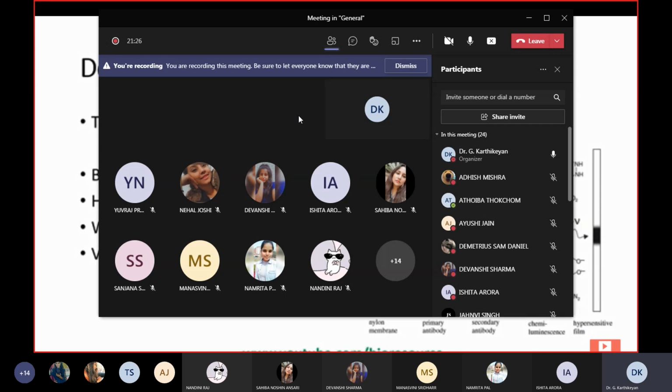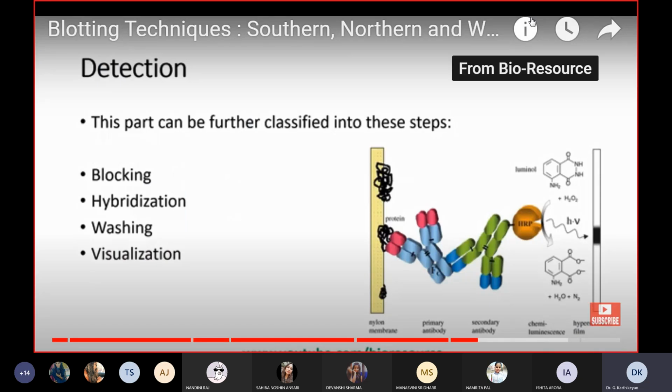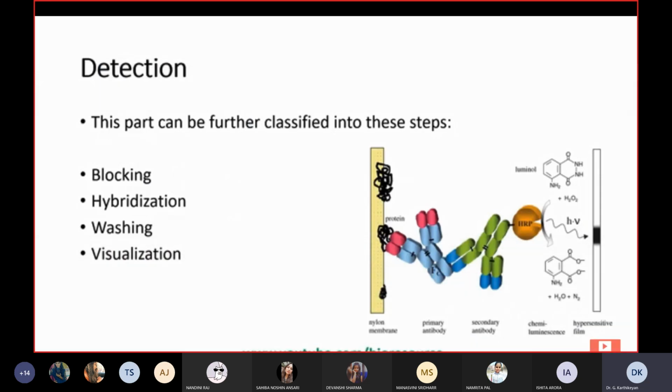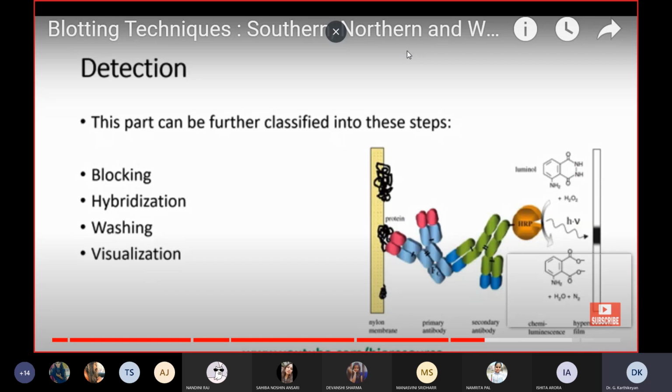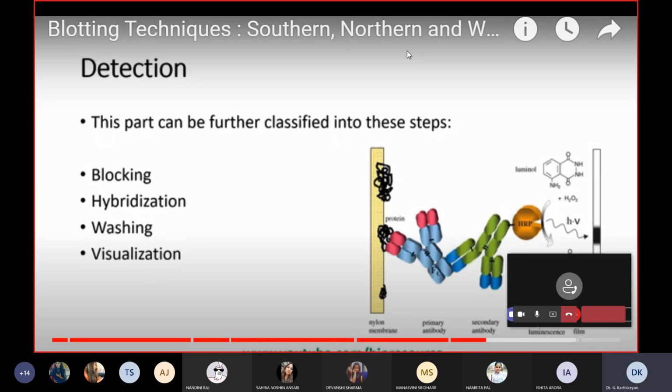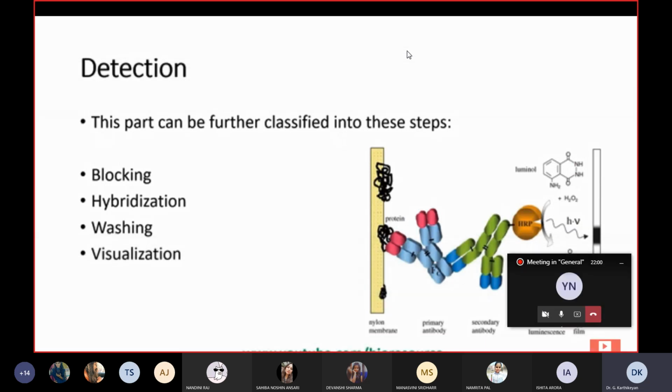Blocking of the membrane is to prevent non-specific binding. Non-specific interaction is prevented by soaking the membrane in a solution containing a high concentration of DNA. For the detection of DNA or RNA, a high concentration of DNA, like herring or salmon sperm DNA, is used in the case of Southern and Northern blotting.